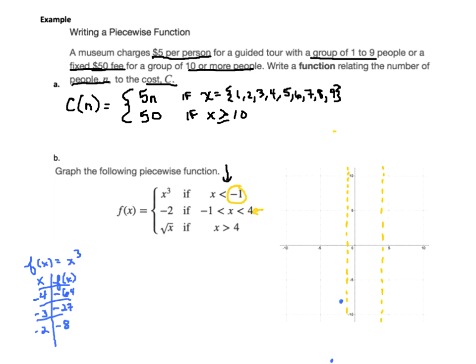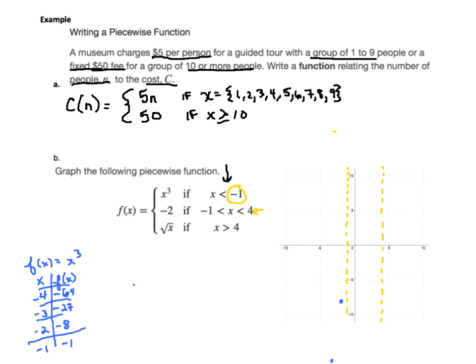So this piece of the function comes up and when it reaches -1, and actually that's a bad rendition of that. Let me go ahead and see what happens exactly at -1, because that's our barrier. -1 times -1 times -1 is -1.